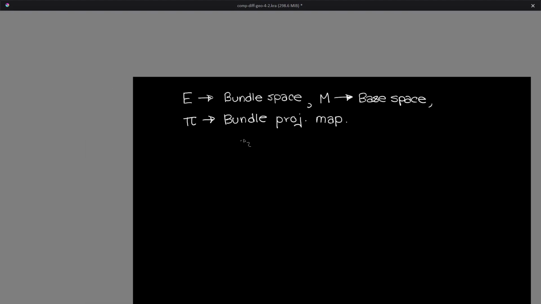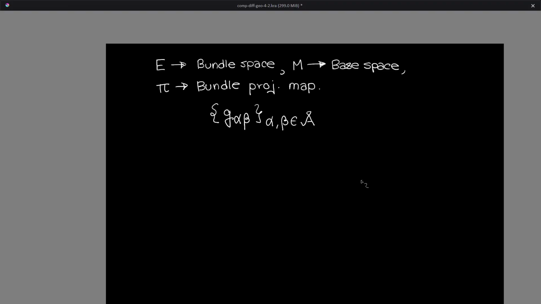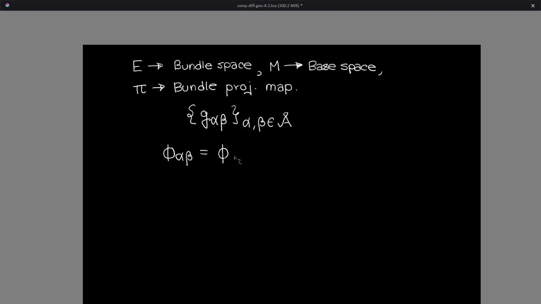The last thing that we need is a set of linear maps, for alpha, beta an element of A. So we're going to set these up, much in the same way that we set up the chart transition maps. I called them phi alpha beta, and they were equal to, up to a convention, phi alpha inverse after phi beta.